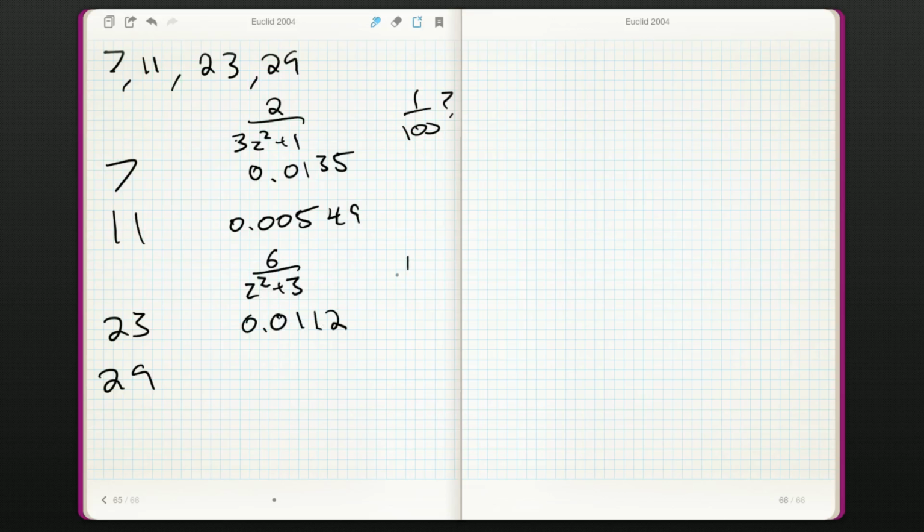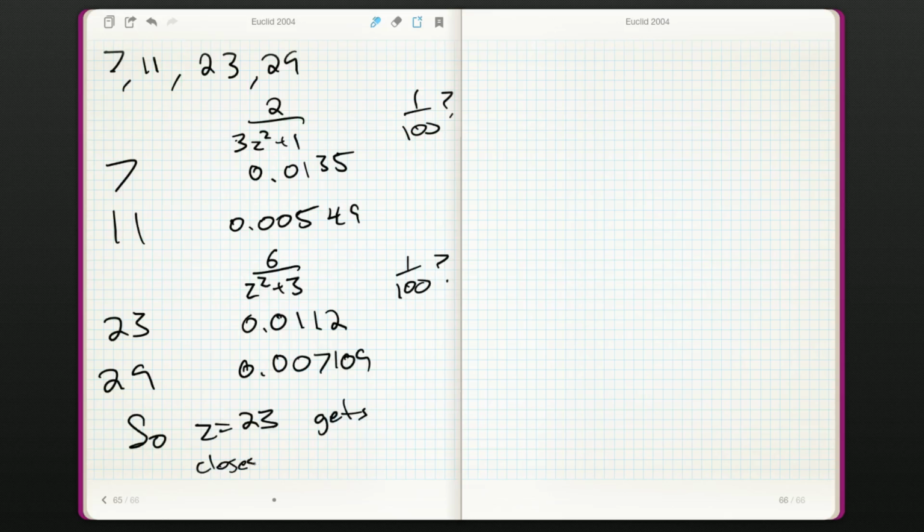It's beating out 7. And 29 squared plus 3, reciprocal, times 6. And that's too far out. So z equals 23 gets closest.